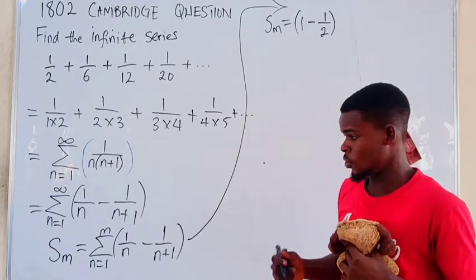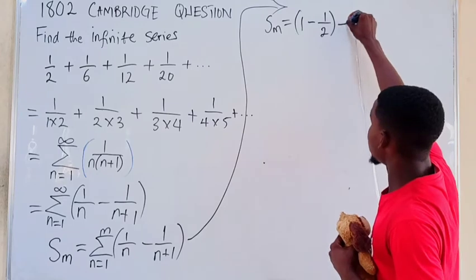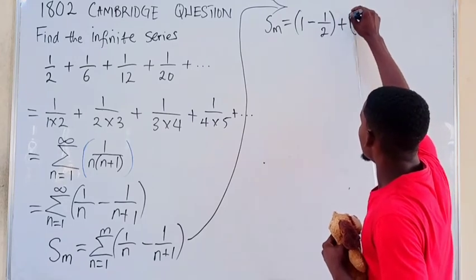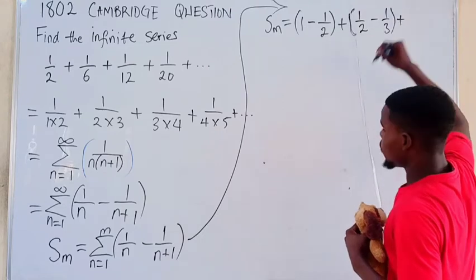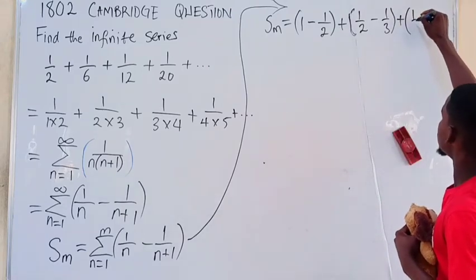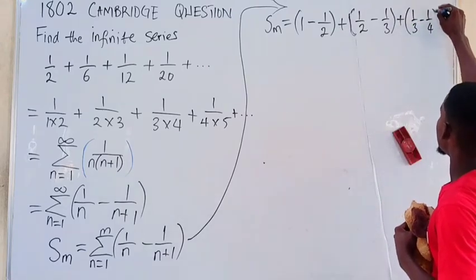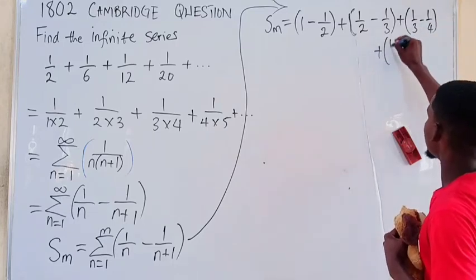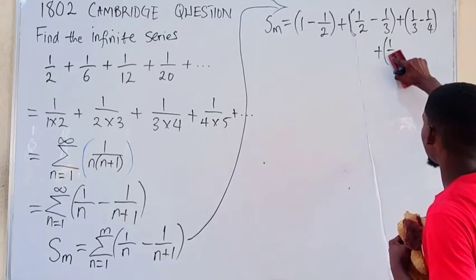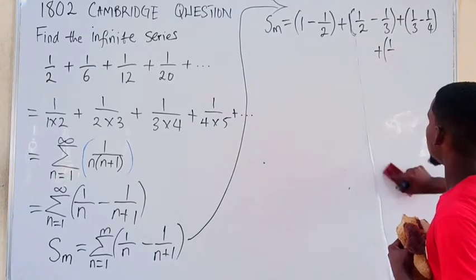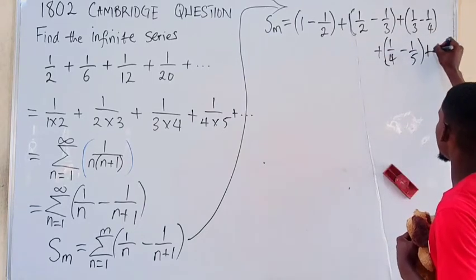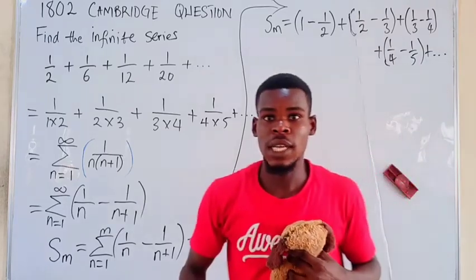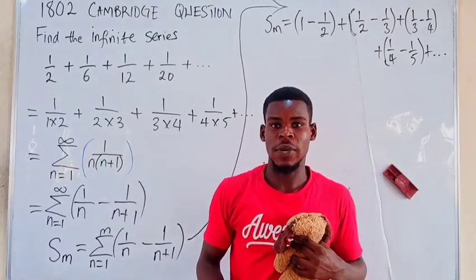Now, when n is 2, we're going to add it with, because of the sum, 1/2 minus 1/3. When n becomes 3, it will be 1/3 minus 1/4. And when n is 4, it will be 1/4 minus 1/5, and then we can continue like that. Good. So that is what we will observe from the partial sum.